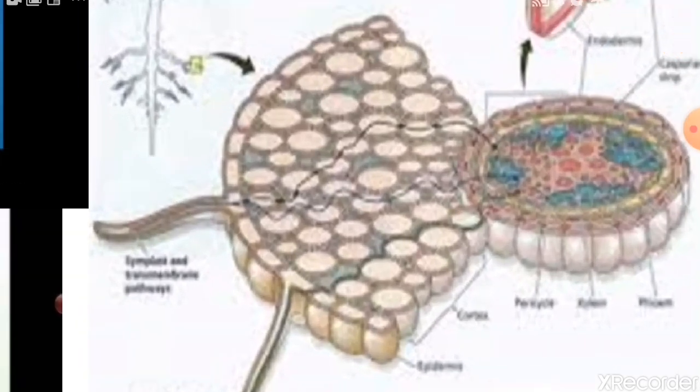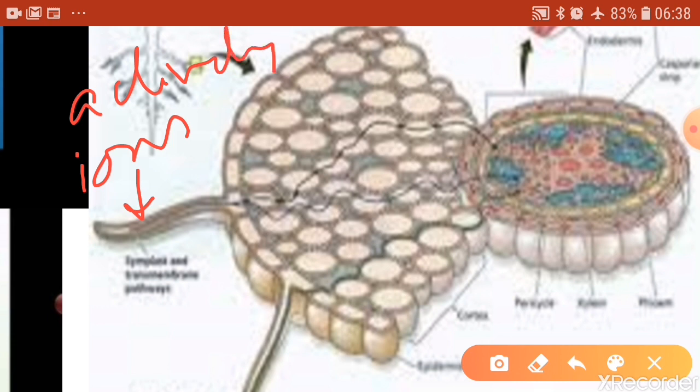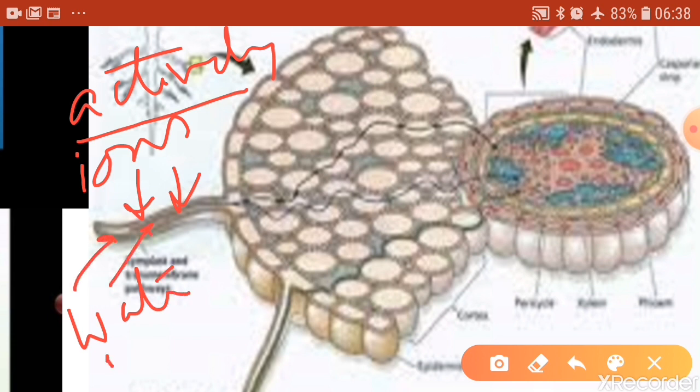From the soil, the minerals or ions are taken up by the root hairs by active transportation. They are actively transported, that is, they are transported utilizing energy, and this active uptake of the minerals from the soil results in absorption of water from the soil by the root hairs by the process of osmosis.